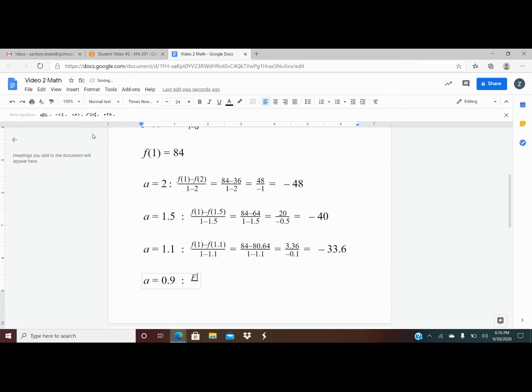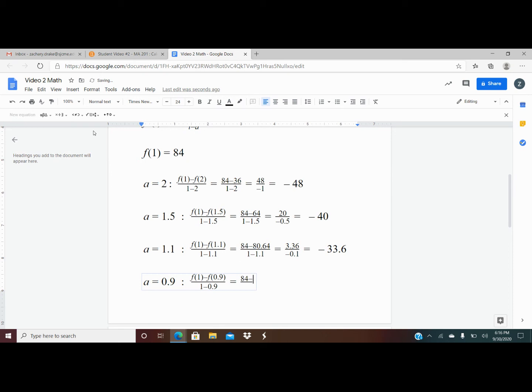Same process: f of 1 minus f of 0.9 over 1 minus 0.9. Like we established before, f of 1 is 84.